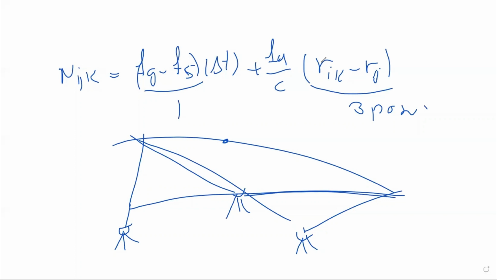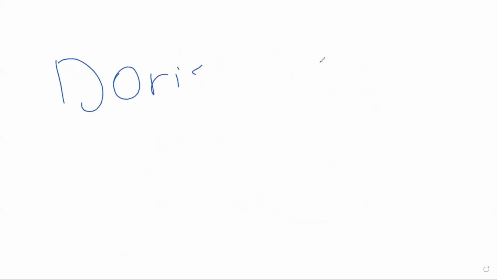Another way, which is actually used in the DORIS system. DORIS is Doppler orbitography radio positioning integrated system. It's a reference system, and the principle is the opposite to positioning on land.